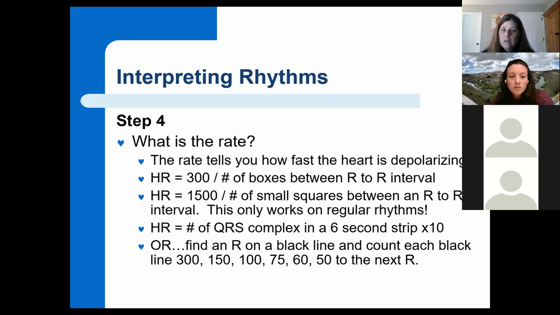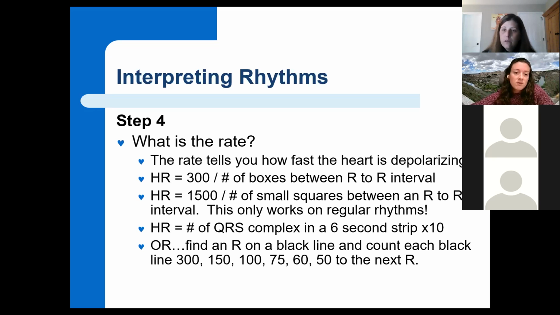The second method is to take 1500 divided by the number of small squares within the bigger bold box from the R to R. Now, you see the note there, the little caveat, that will only work if it is a regular rhythm, okay? The third method, and the easiest, simplest, quickest method really, is to take a 6-second strip, count how many QRS complexes are on that strip, and multiply by 10.